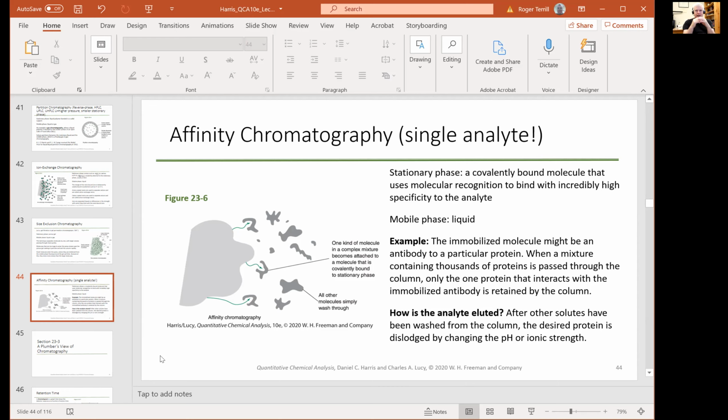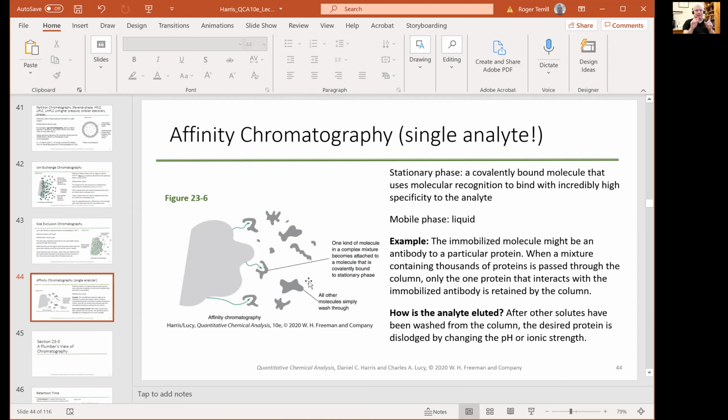The antigen antibody binding interaction should be strong enough that you can then wash all the other molecules right out of that system, and then you have purified the antigen.